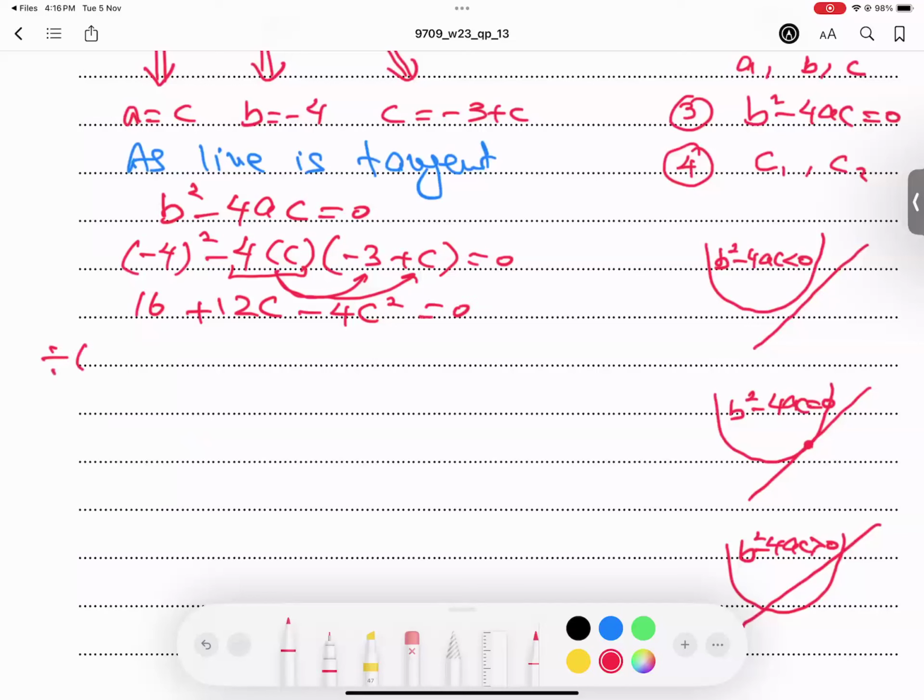I will divide the whole equation by negative 4. This is not compulsory, you can even apply the quadratic formula. But when divided, I got c squared positive, c become negative, and this become 4. Now you can see divide by 4, and divide by 4. So I factorize, and I got 4 ones of 4. I can go for the quadratic formula even, no issue at all.